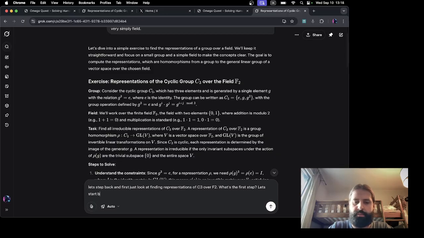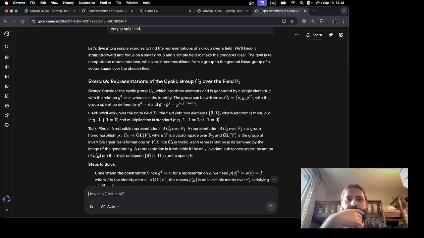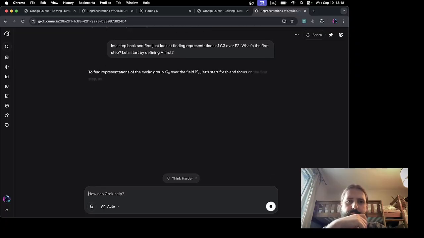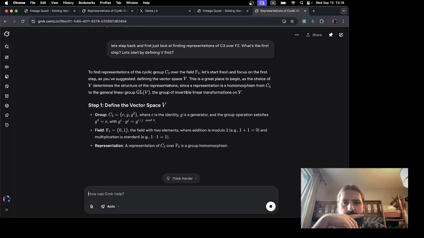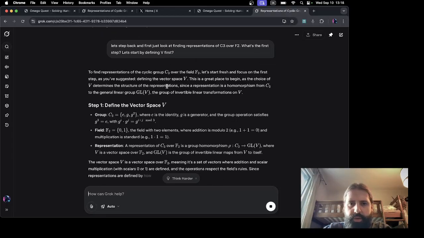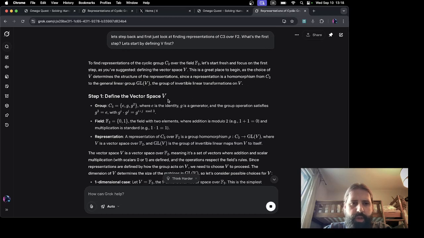Let's start by defining V first. So V would be, okay, we have the group C3 and the field F2. It's a group homomorphism where V is a vector space over F.